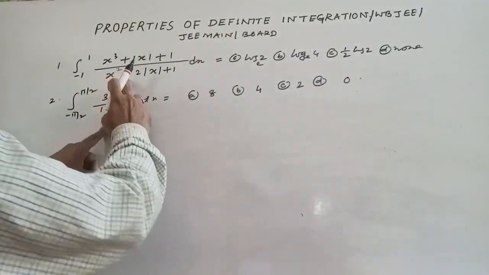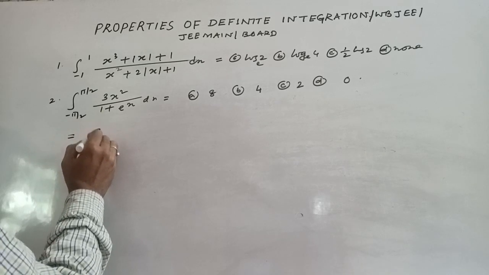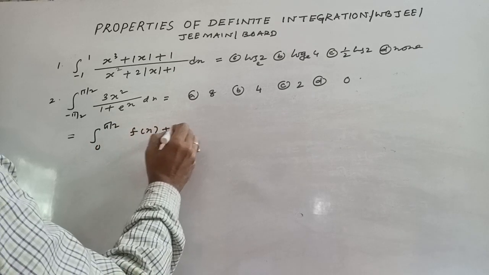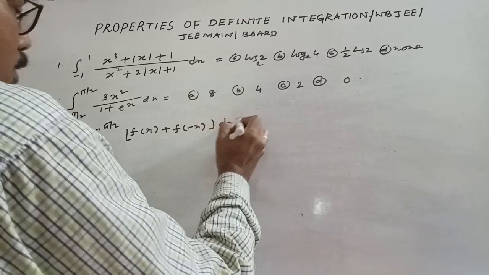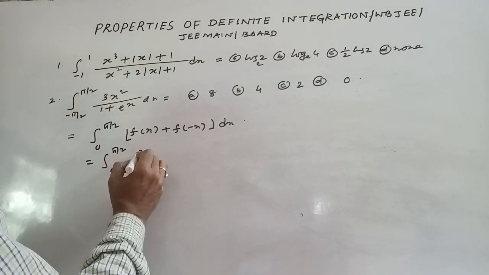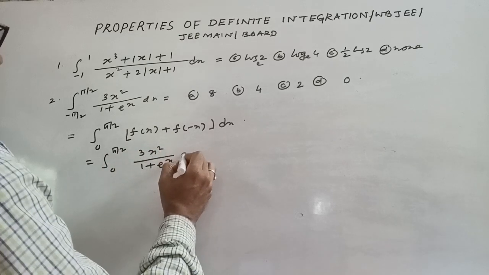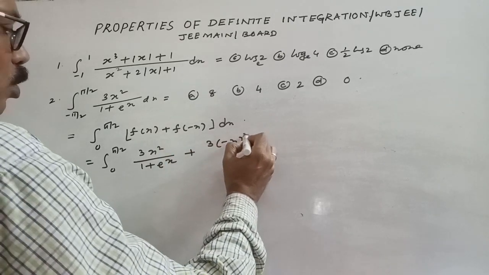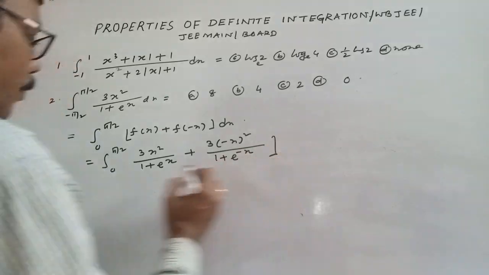If it is neither even nor odd, then we can use the earlier property. So this is 0 to pi by 2, f(x) plus f of minus x dx. Now 0 to pi by 2, what is f(x)? 3x square over 1 plus e to the power x. And what is f of minus x? 3 minus x whole square over 1 plus e to the power minus x. Again.